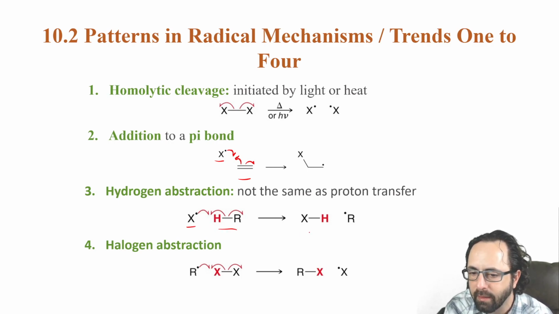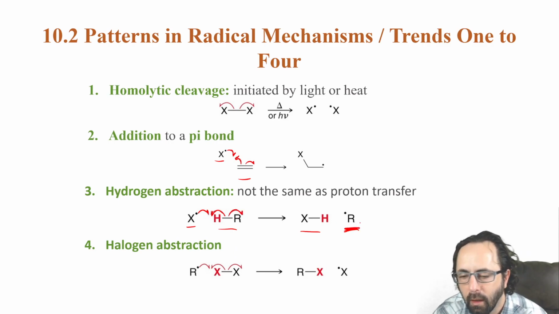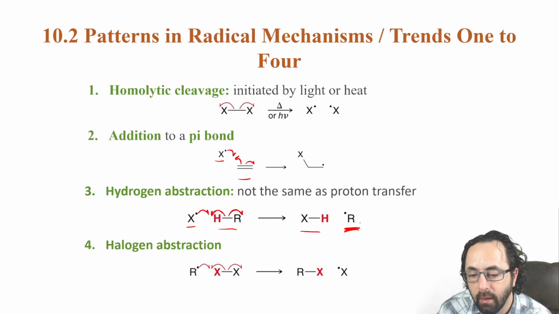But unlike the last example, it's also going to produce a neutral molecule and a radical. This will involve one electron from the radical going to create a bond to hydrogen, and one electron from the bond between hydrogen and the carbon atom going to create a bond to the halogen atom. Then the one remaining electron in the bond is left on the carbon atom here in the organic molecule.